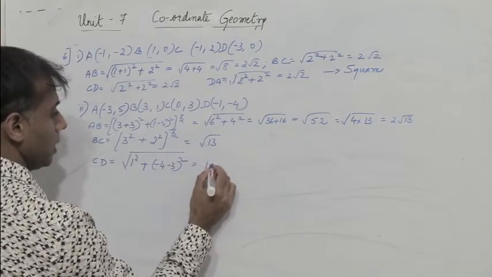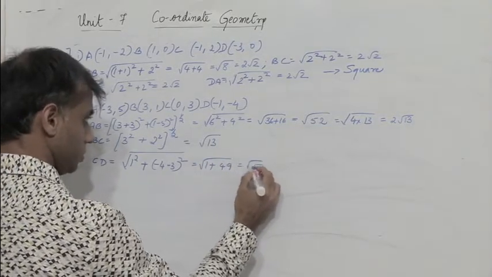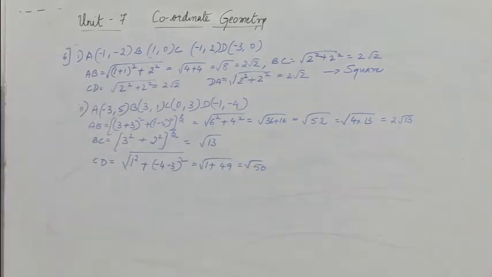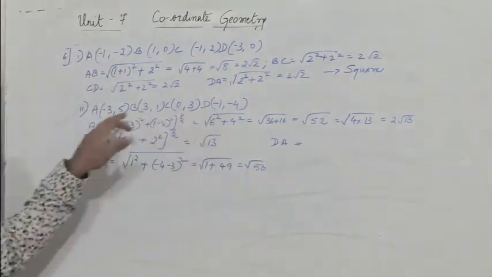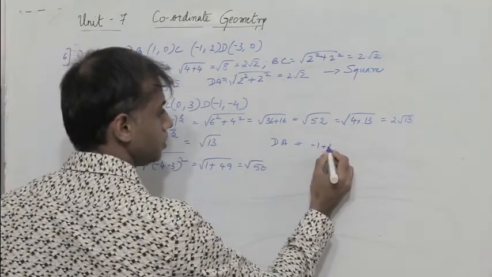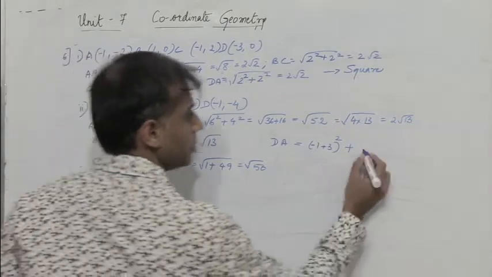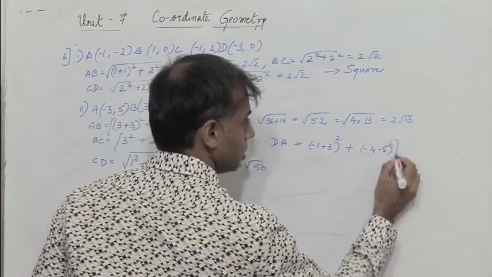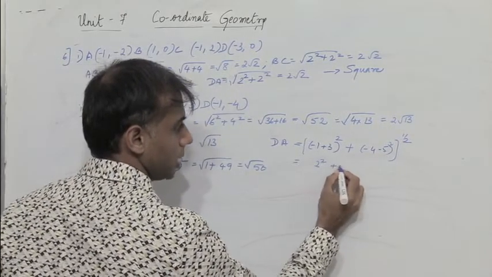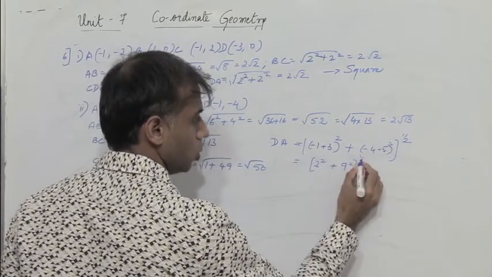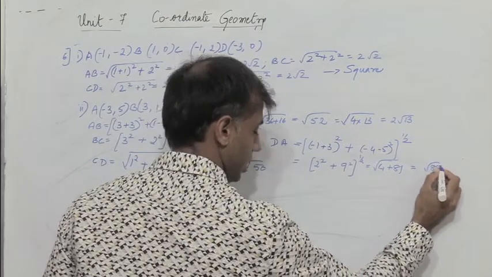So we have 1 plus 7 squared is 49, which is root 50. And then DA. So we have minus 1 plus 3, the whole square, plus minus 4 minus 5, the whole square, the whole root. Right? So we get 2 squared plus 9 squared, the whole root, which is 4 plus 81, the whole root, which is root 85.